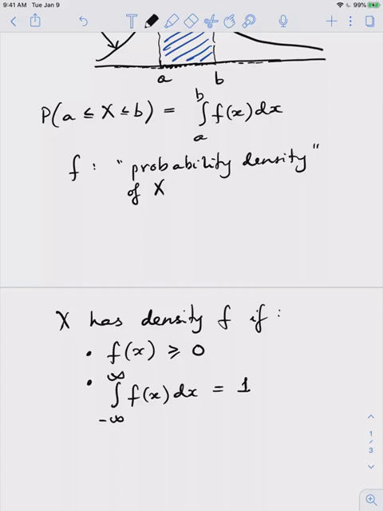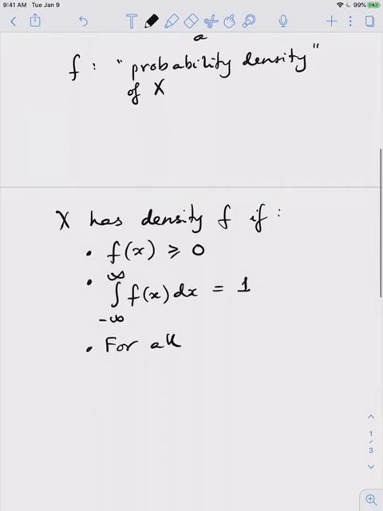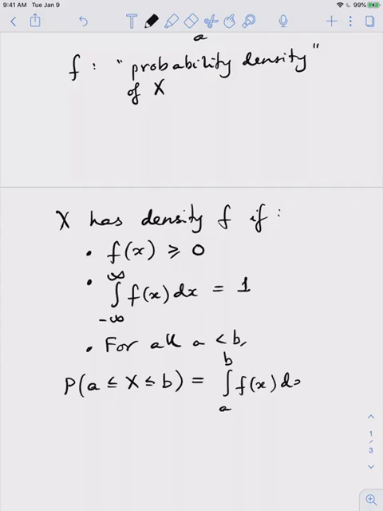So it's a probability distribution, and crucially, the connection with X is that for all A and B, the probability that X is between A and B is the integral of the function f between A and B. Now there's going to be a lot more detail to talk about, what if the inequalities were strict, and so on and so forth.